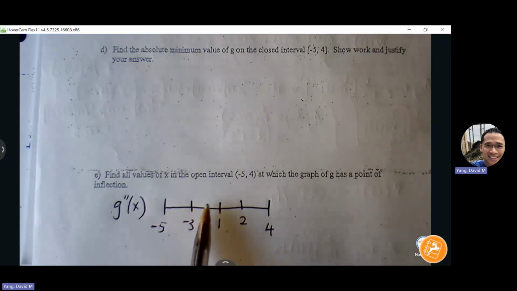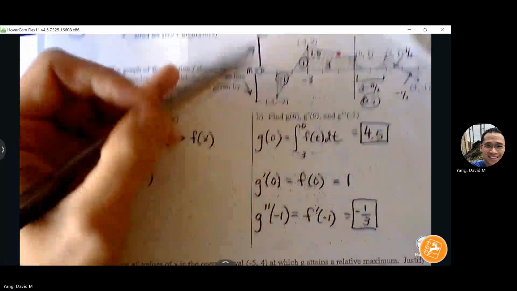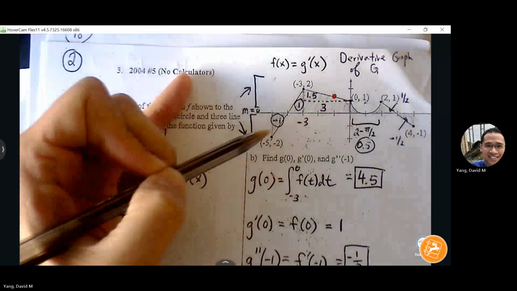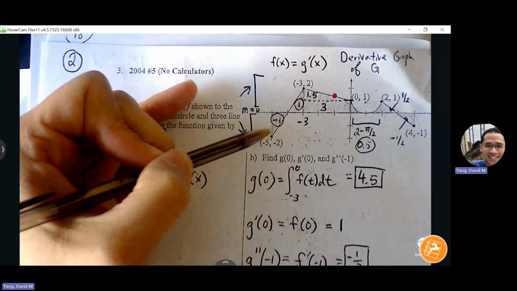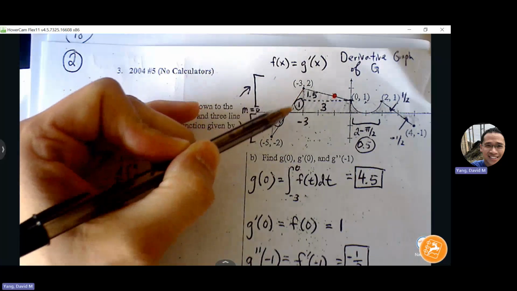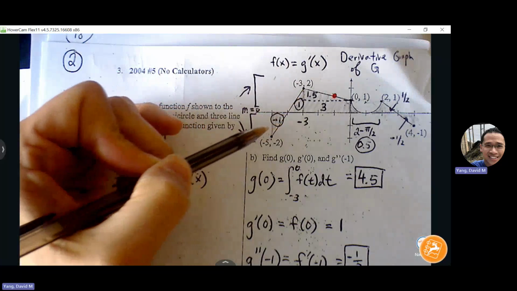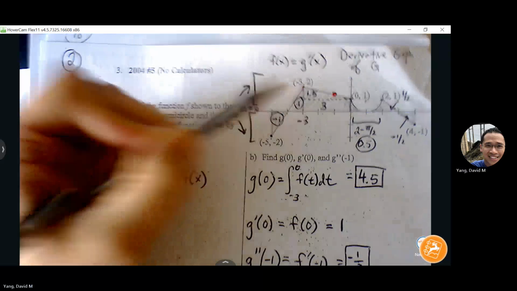How do we find concavity if we're looking at the derivative graph? Look at the what? Not the arrows here. Now we can look at the behavior of the graph, right? Wherever there's a positive slope on the g prime graph indicates where the g graph is going to experience what? Concave up. Yep. So positive slope means concave up.